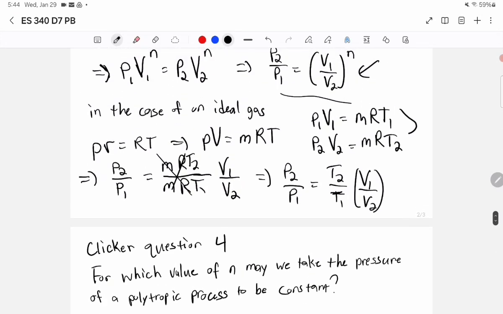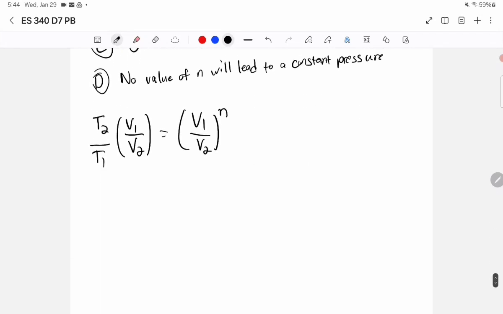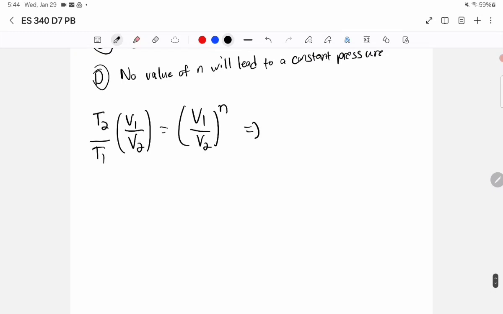Again, because of this relationship up here, I'm just replacing that down here, which means that T2 over T1 is equal to V1 over V2 to the n minus 1. So we actually can get a relationship like this. I'm not going to work through the other one, but you can work through it yourself.